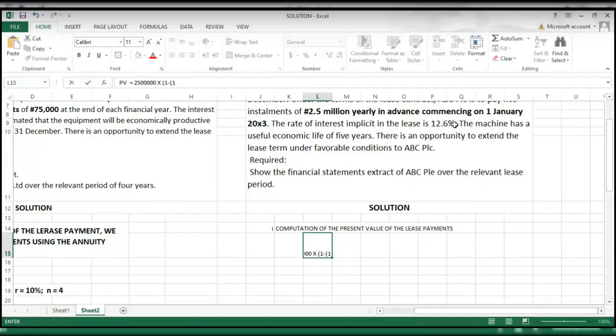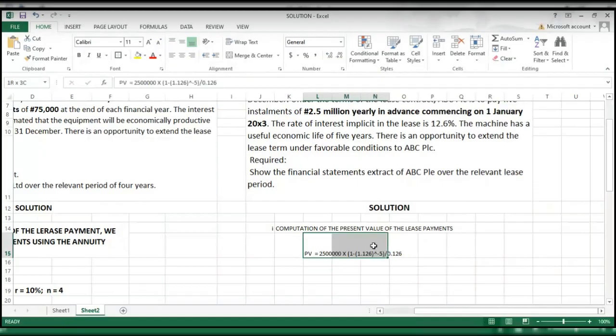That will be 0.126. Don't forget, 0.126 plus 1 is going to be 1.126. So we are into the bracket 1.126, close the bracket, raised to the power minus how many years? N is 5 in this case. Then we close the bracket, divided by 0.126. That's the formula.